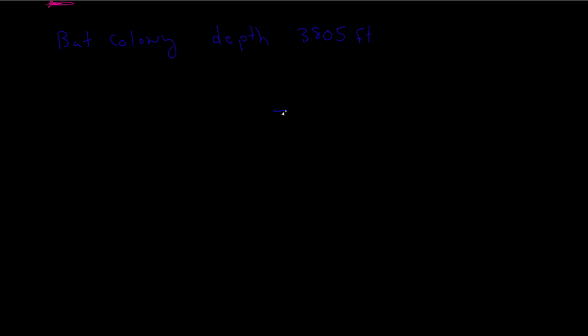If we think of the surface of the Earth as a 0, and if I go up in an airplane, I'm going positive feet. And so if I come down this mine and get to this bat colony at 3,805 feet, we'll say it's negative because it's below the surface. So we'll talk about things above the surface as positive and things below the surface as negative.